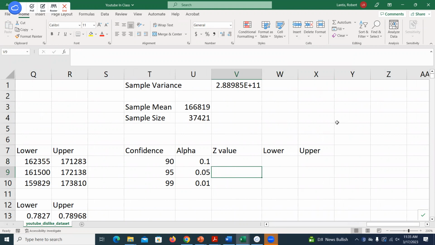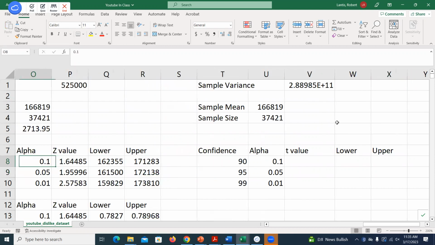Well, the notation changes, but really all we're doing is using the sample variance instead of the population standard deviation. And then on top of that, we can't use the Z table, or we can't look up Z values anymore. Now we need to look up a T value that gives us alpha over 2 in each tail. So last class, how were we finding the Z value?